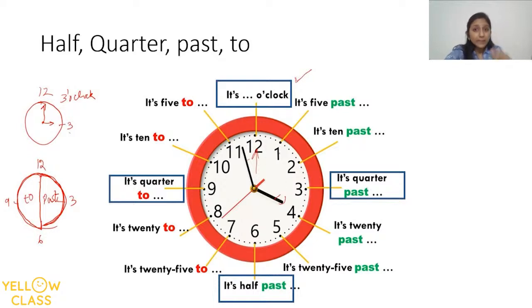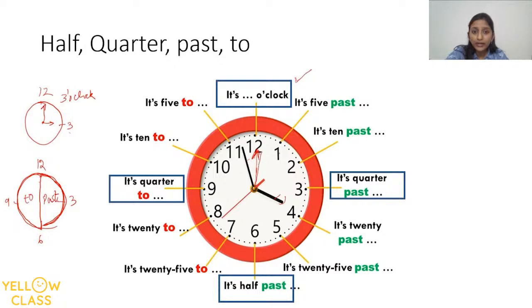See, when the minute hand is at 12, that is basically the start of that hour. For example, if my minute hand comes at 12 here, then this is 4 o'clock. After 4 o'clock, the moment the minute needle keeps moving, the minutes also keep passing. So at 12, it is 0 hour.